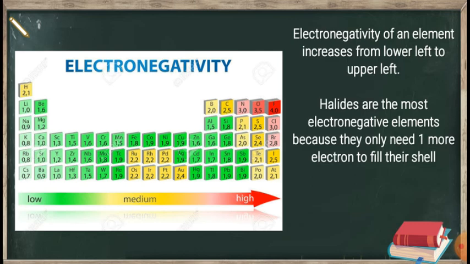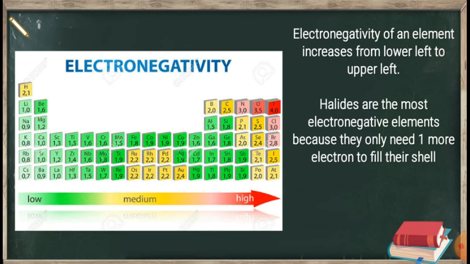Halogens are the most electronegative elements, because they only need one more electron to fill their shell. You see there, fluorine is the most electronegative element in the periodic table. The least electronegative element is cesium, on the lower left side.